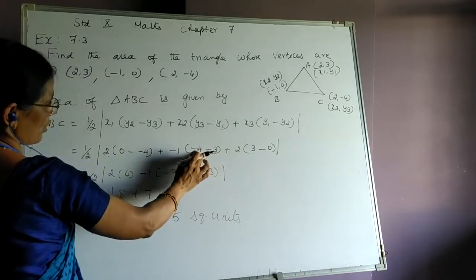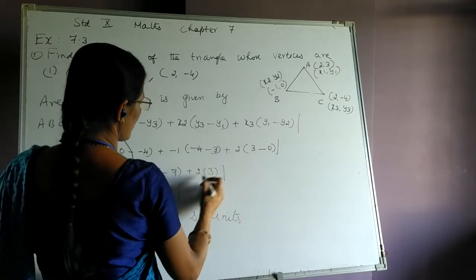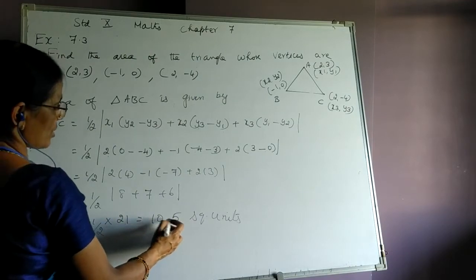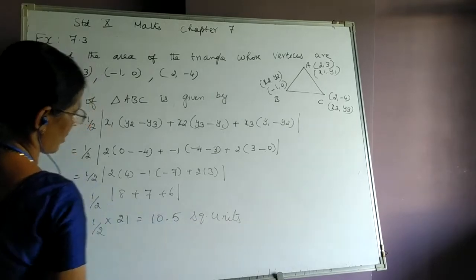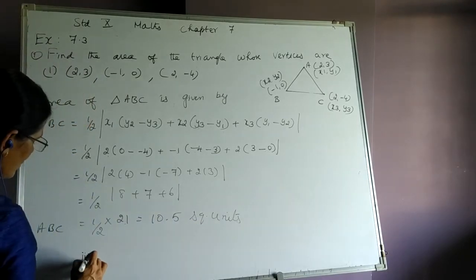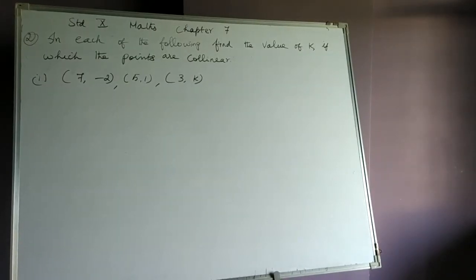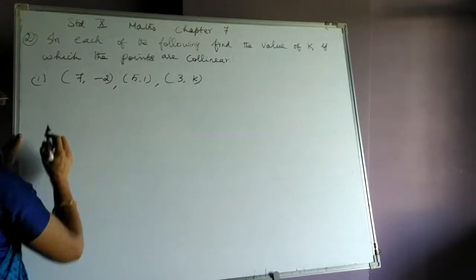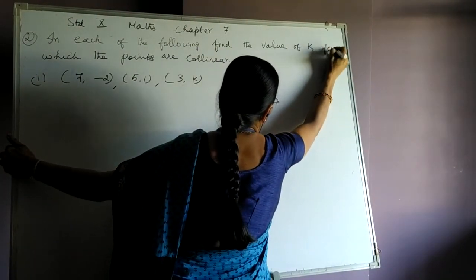So here half, x1 value is 2, so x1 is replaced by 2, y2 minus y3, y2 is 0, minus y3, minus of minus 4, which is plus 4. Then x2 value is minus 1, so it is replaced by minus 1, y3 is minus 4, minus y1 is 3, plus x3 value is 2, y1 minus y2, y1 is 3, minus y2 is 0.